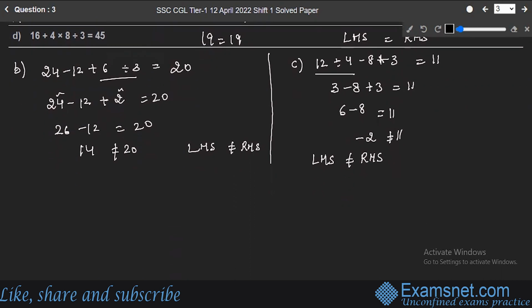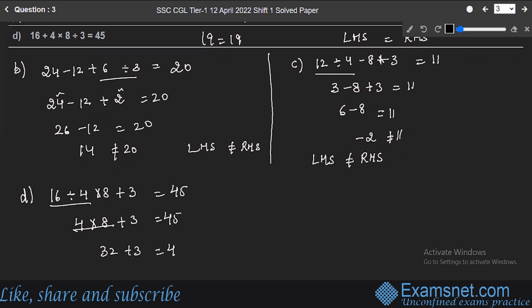Let's go with this D option now. D is 16 plus will be changed into division, divided by 4, multiply 8, division will be changed to plus. This should be equal to 45. So according to BODMAS, this 16 divided by 4 gives you 4, multiply by 8 plus 3 should be equal to 45. 8 fours are 32 plus 3.